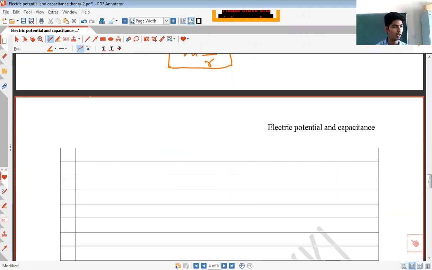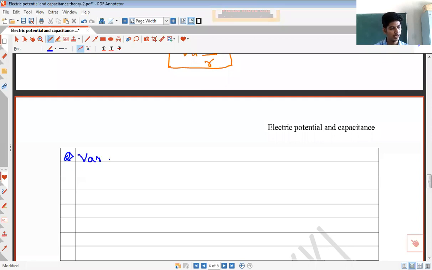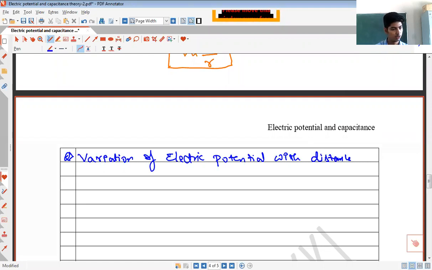So we can even draw a graph between electric potential and distance. We can draw the variation of electric potential with the distance. As the distance of the point from the source charge increases, electric potential must go on decreasing.